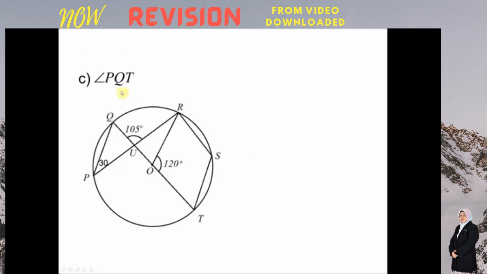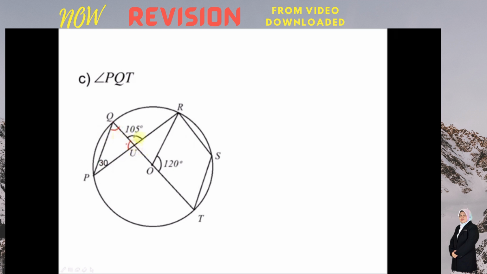For the last one, we want to find angle PQT. Since we already know that this is 30 from question B, I'll leave it here. To find PQT, you notice that this is a triangle. So 180 minus 30 minus this angle gives PQT.